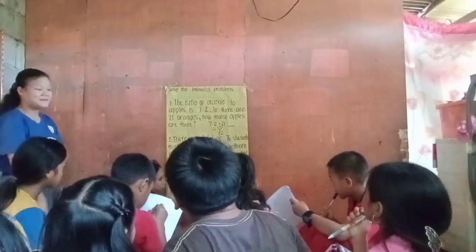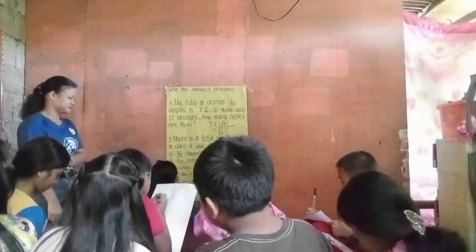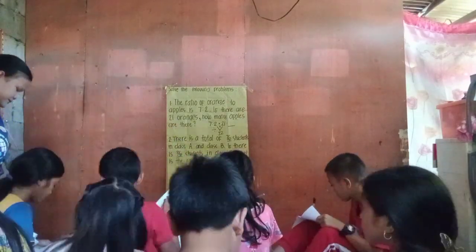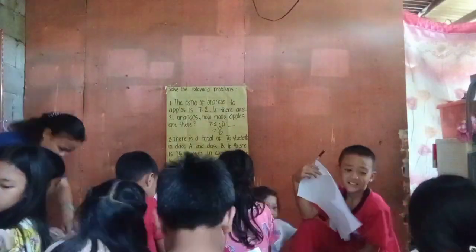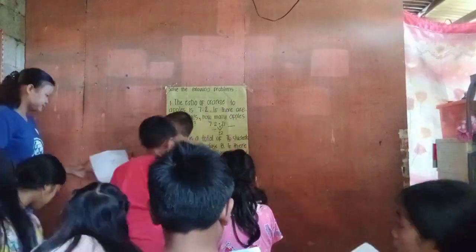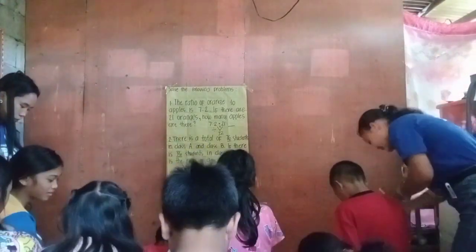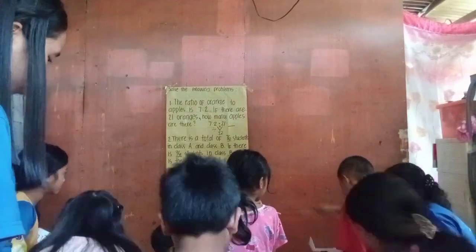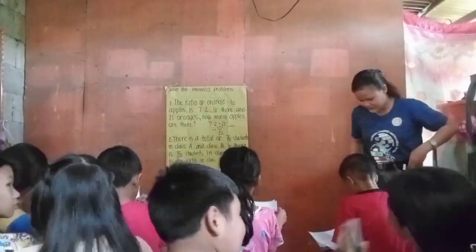After that, we let them answer both problems, where we give a prize to those who are eager to answer the questions on the board. And as a result, almost all of them got the perfect score.